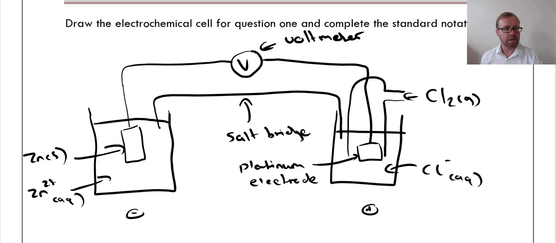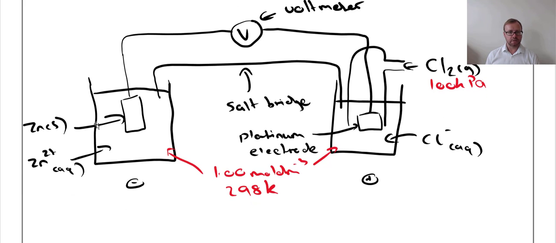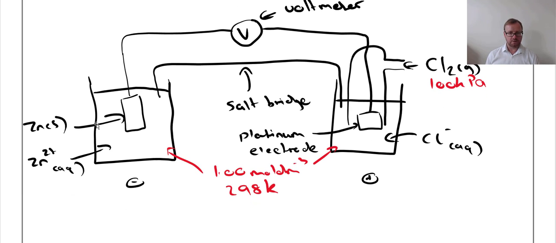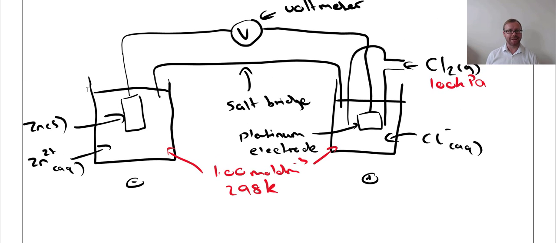And then we need to write on our standard conditions, 100 kPa at 298 Kelvin. Have I forgotten anything? No, don't think so. Got my state symbols. Yeah, so you've got everything. So yours should look something like mine. It may look slightly neater, may not. It doesn't matter as long as it's labelled correctly and you can read it.